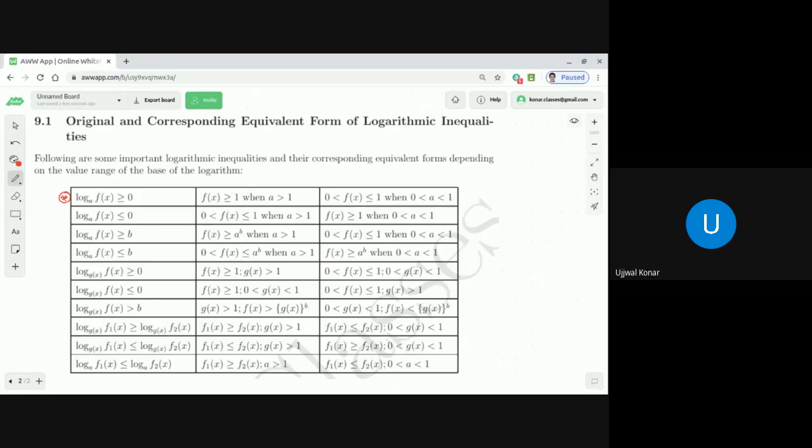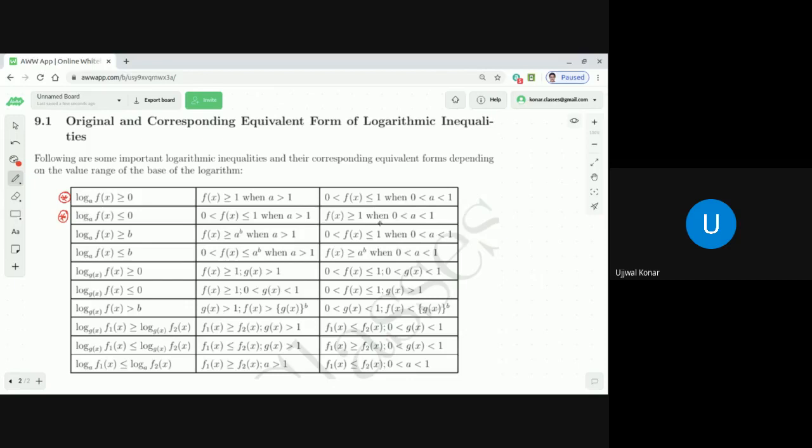That is the first entry. The second entry, dear students, is log of f(x) base a less than or equal to 0. The equivalent form is 0 less than f(x) less than or equal to 1 when a is greater than 1, and f(x) greater than or equal to 1 when a is in between 0 and 1.